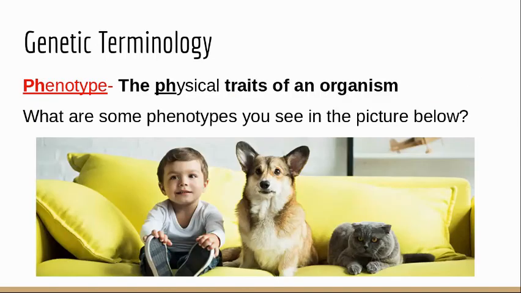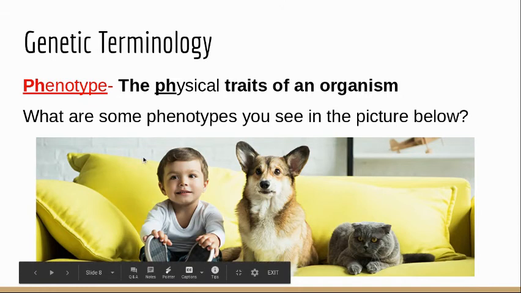All right, so when it comes to phenotype, again, phenotypes are the physical traits of an organism. So test yourself now. What are some phenotypes that you notice about this child, this puppy, and or this kitty?